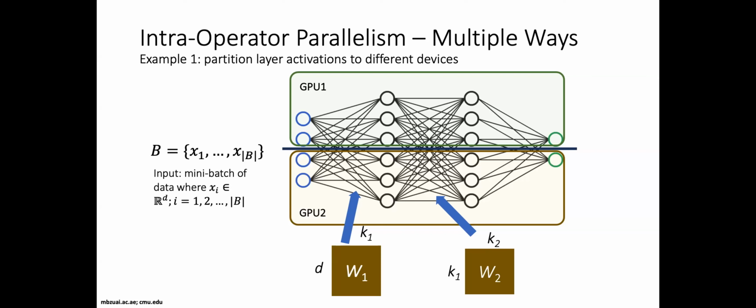Now, let's think AlexNet model parallelism style. We're going to slice that model perpendicularly through its layers, such that the neurons in the top half are computed by one GPU, and the activations of neurons in the bottom half are computed by the second GPU. So the boxes here denote who computes which neurons in the perceptron.